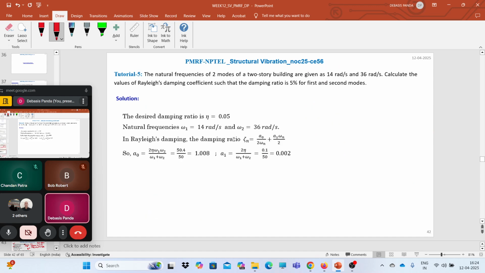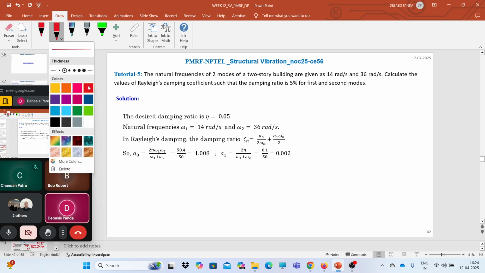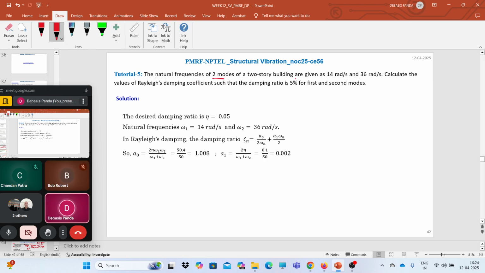Now here is the same kind of question. The natural frequencies of two modes of a two-story structure are given. Omega 1 is given as 14 rad per second, omega 2 is given as 36 rad per second. Calculate the value of the Rayleigh damping coefficients such that the damping ratio is 5% for the first and second modes.